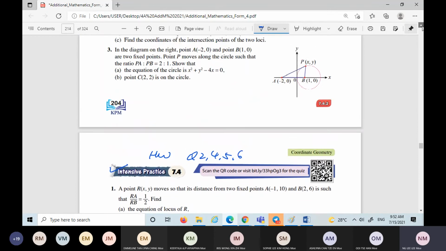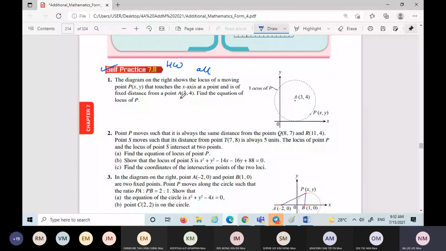I go through with you a little bit. You look at these questions. Question 1. They didn't tell you the radius or the distance, so you have to find the distance by yourself. You say that the locus touches the x-axis at a point.